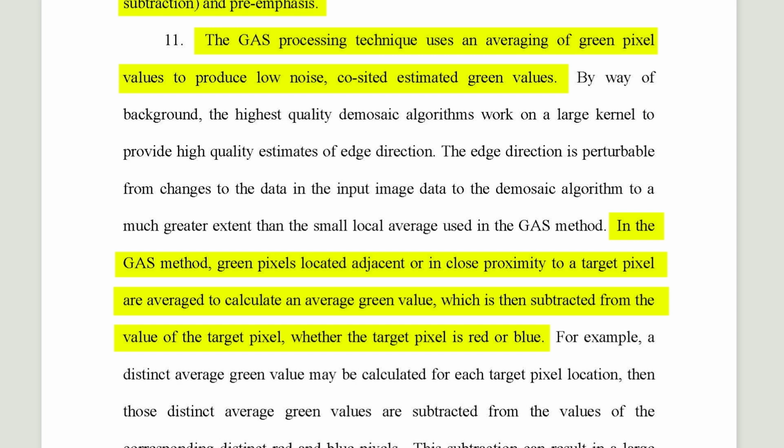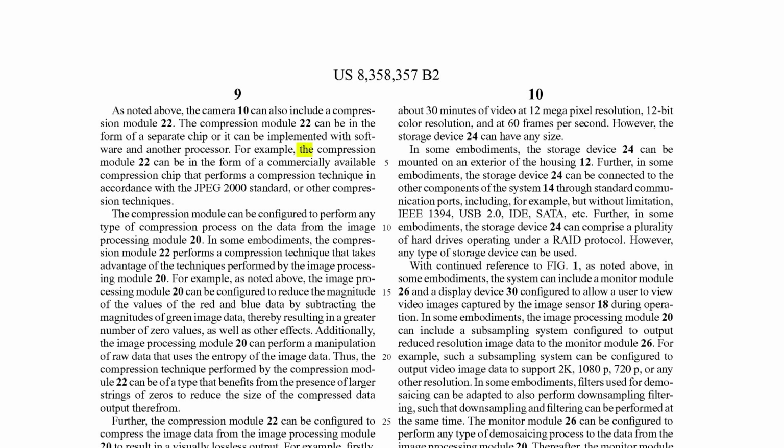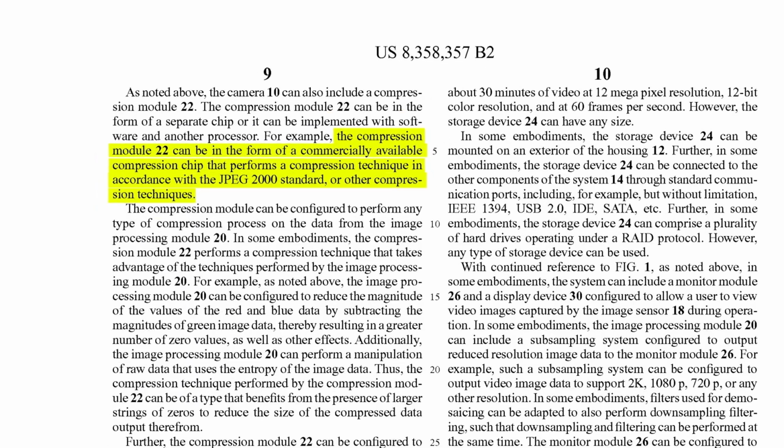As for the compression itself, the patent document says the compression module can be in the form of a commercially available compression chip that performs a compression technique in accordance with JPEG 2000 standard. That is what was used, or other compression techniques.